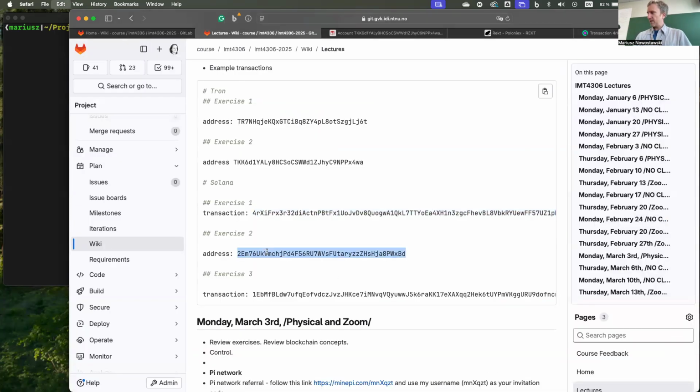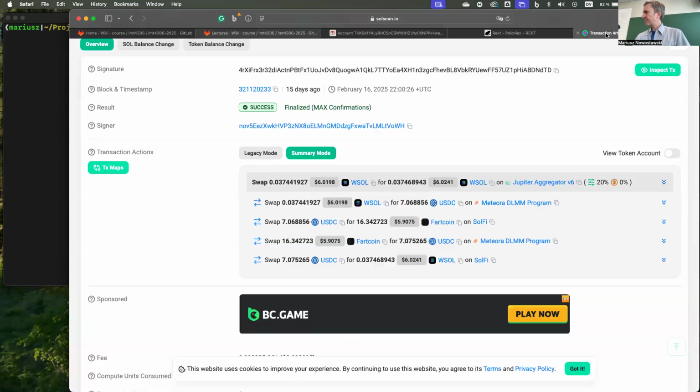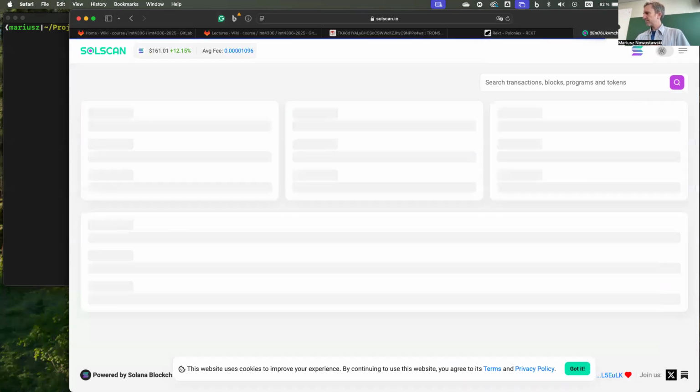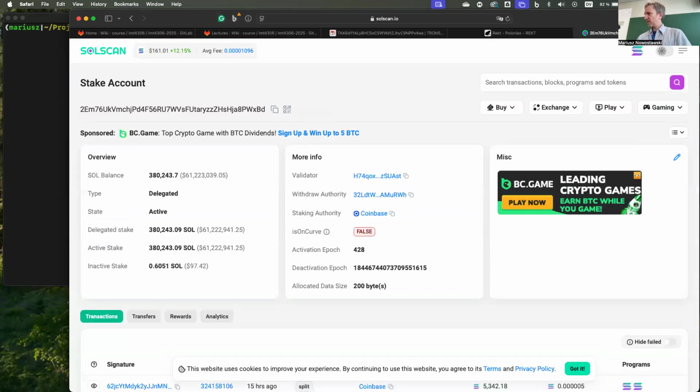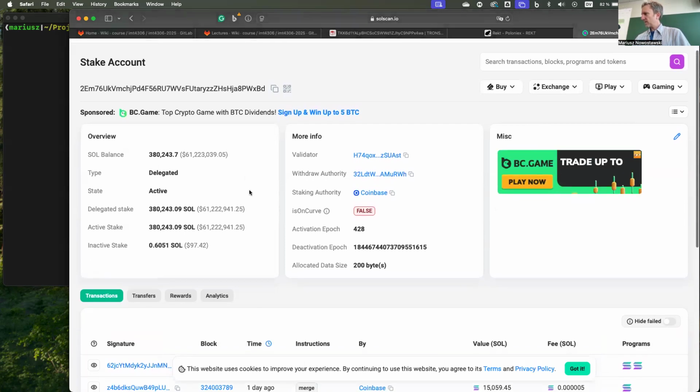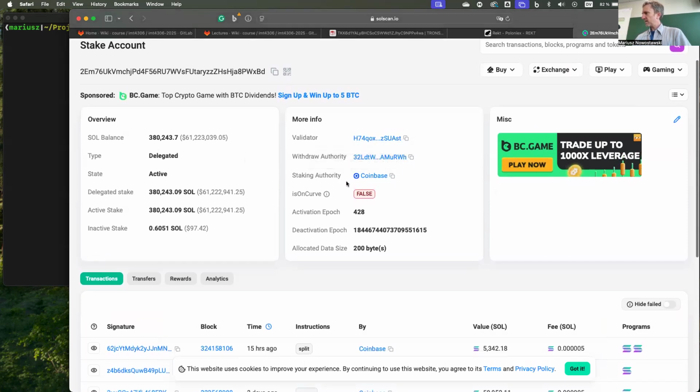All right, let's see the third one. Also on Solana. So what is this? Well, it's a staking account. So it's an account which stakes coins, and it's delegated, and then it is managed by Coinbase.